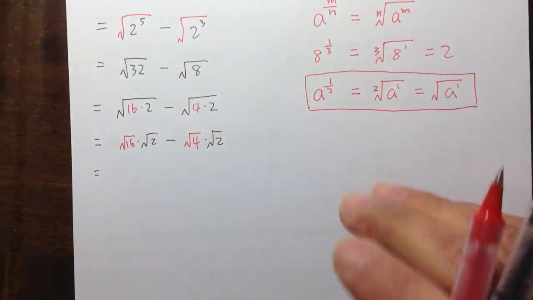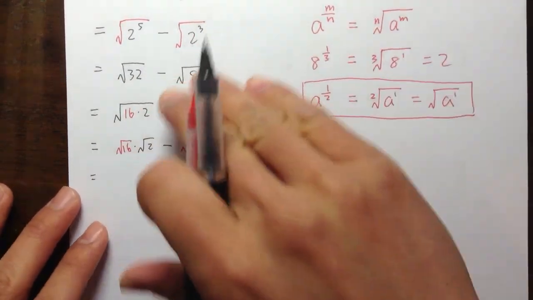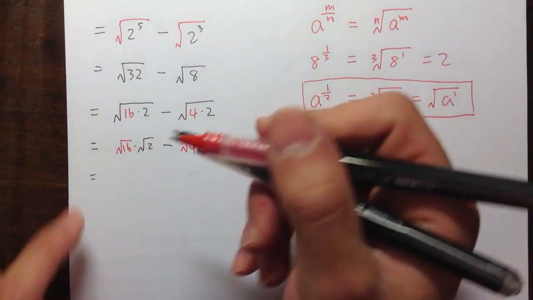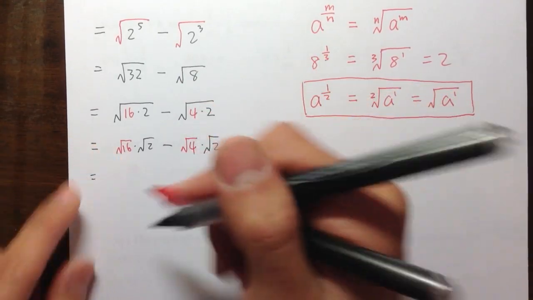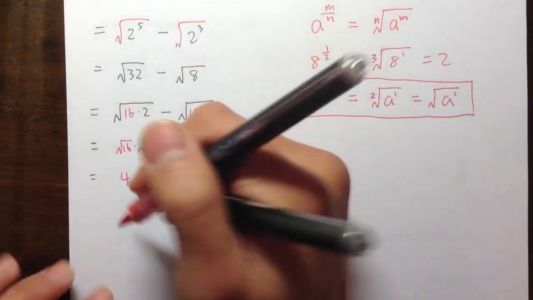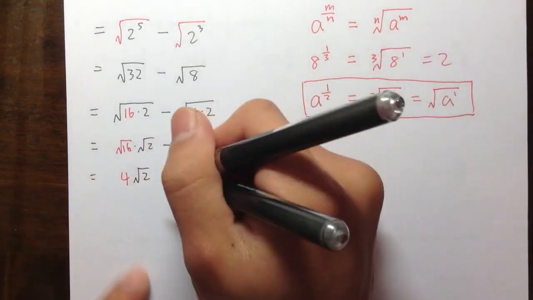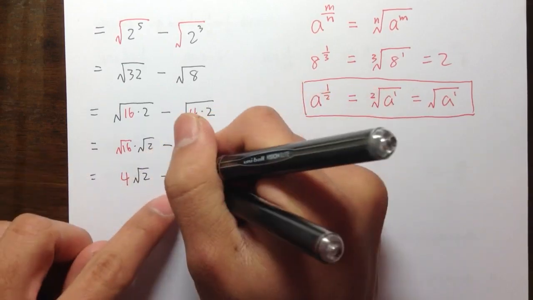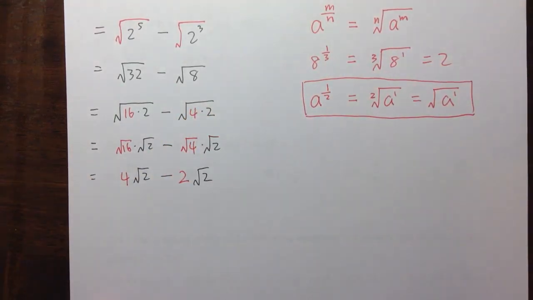I'm just showing you the detailed solution, all the steps, so you can actually just jump from here to here. Doesn't really matter. Either way, square root of 16 is equal to 4, and then minus square root of 4, which is equal to a regular 2. I still have the square root of 2.